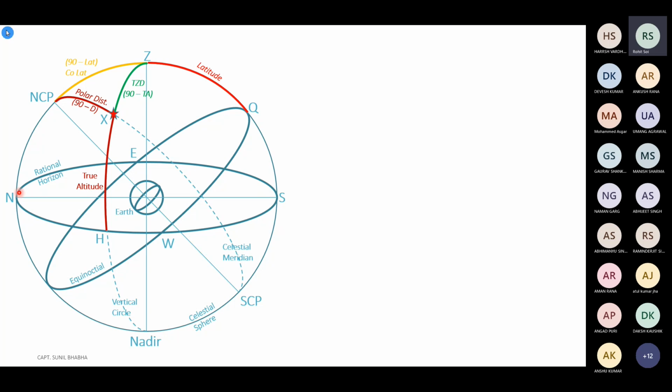Now, how to have a perspective or angle so that this bottom part can be eliminated altogether and we are able to concentrate our attention on the top part. For this, we visualize as if we are looking at the celestial sphere from top of the zenith.